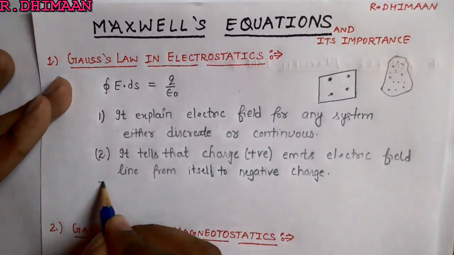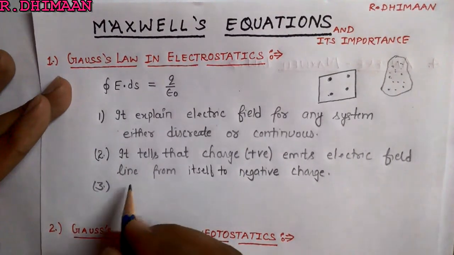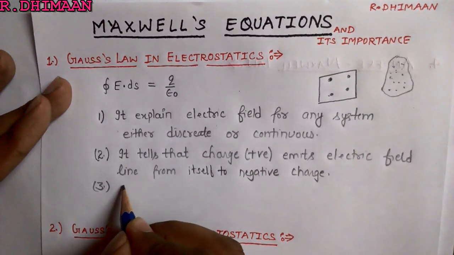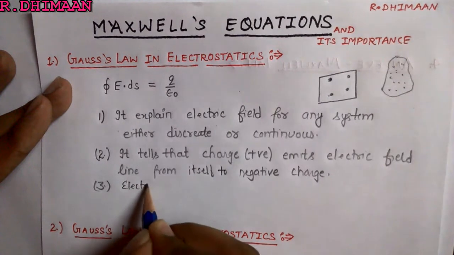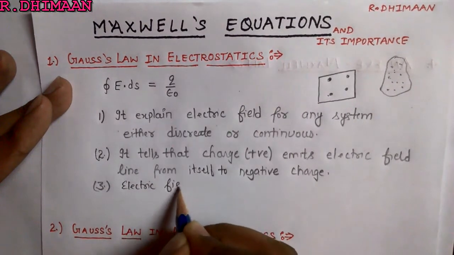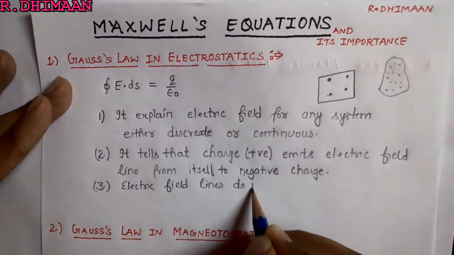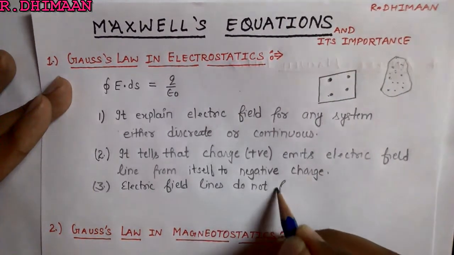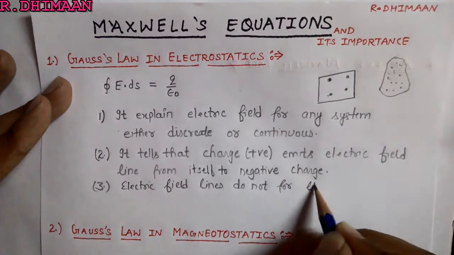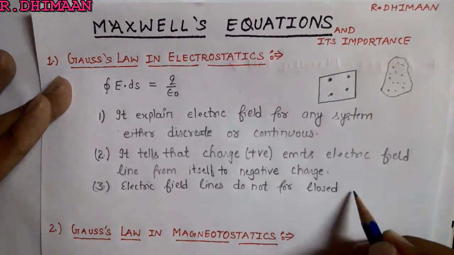This can be said in other words like this: electric field lines do not form closed curves.